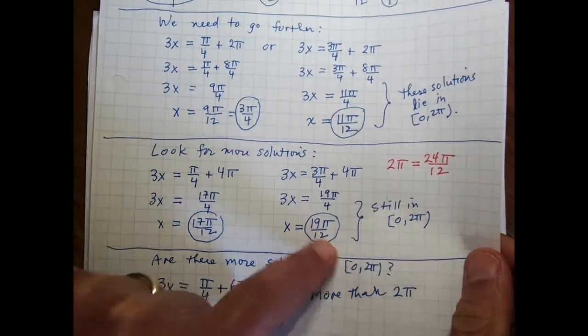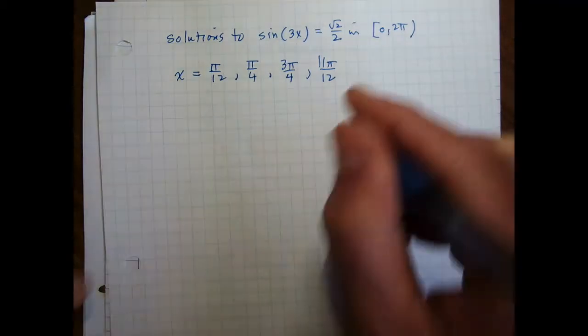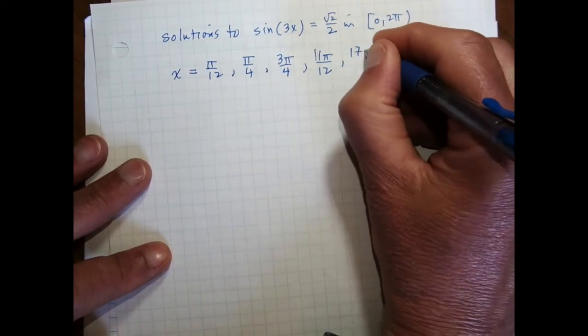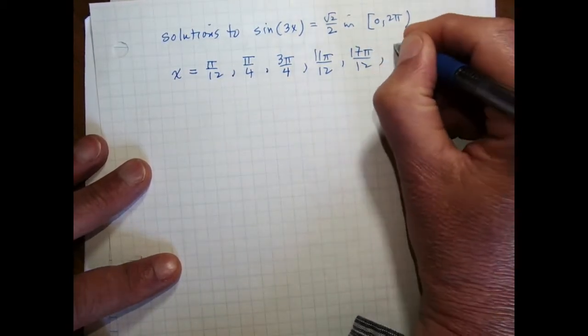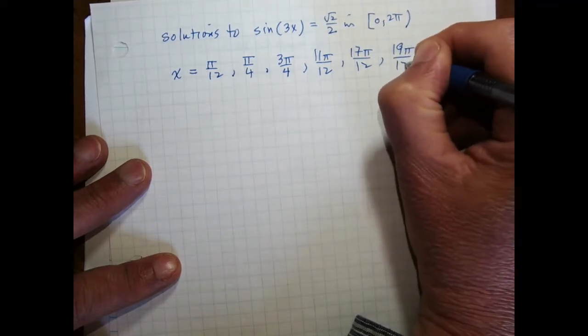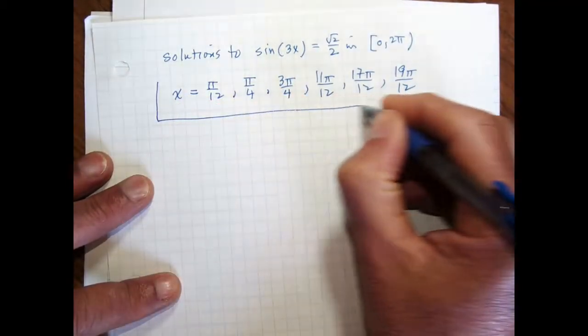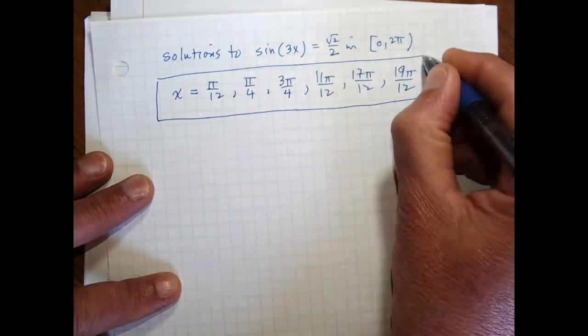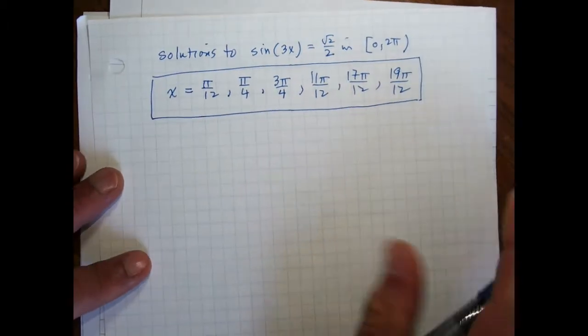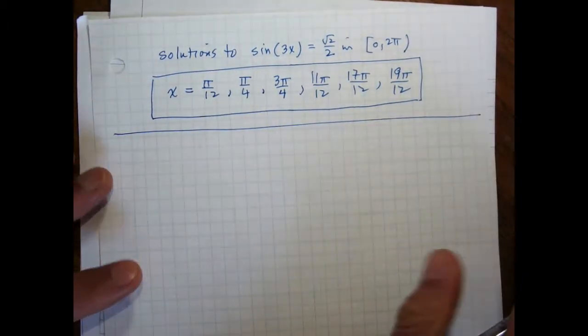That's copying from my first sheet, the circled ones. And then I got 2 more, 17 pi over 12 and 19 pi over 12. There are 6 solutions to this problem, and those all lie in the interval from 0 to 2 pi.